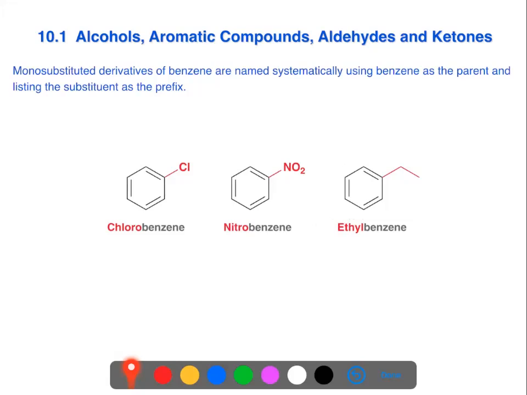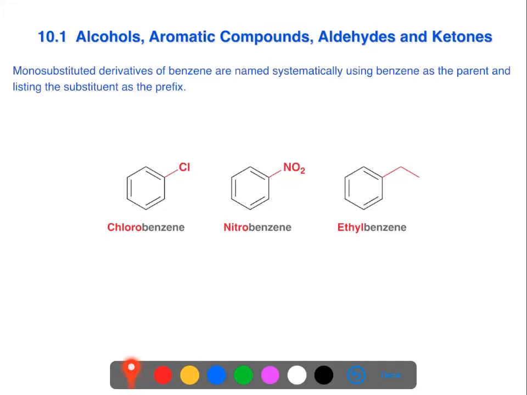So in this example, we have a chloro group attached to the ring system, and so we would refer to this compound as chlorobenzene. And again, because there's only a single substituent, we would not provide a locant for that chlorine atom. Because there's only one group attached to the ring system, we would simply refer to this as chlorobenzene, because we couldn't have a monosubstituted benzene, a chlorobenzene, with a locant other than one.